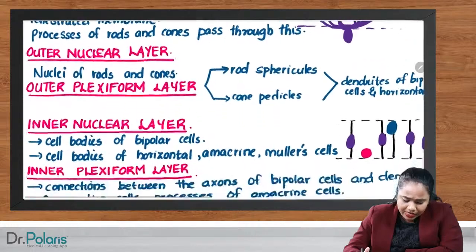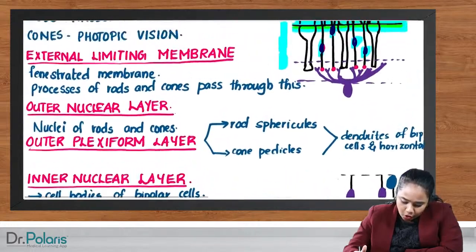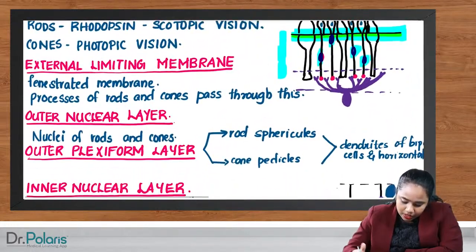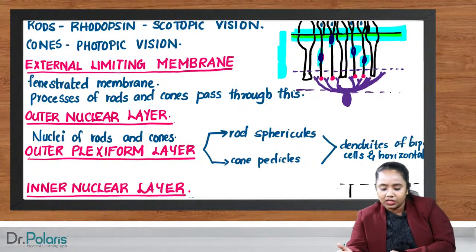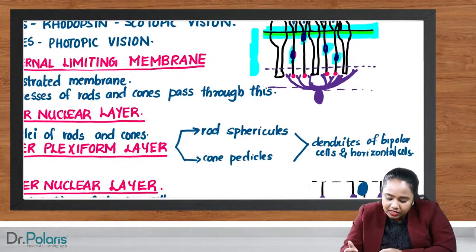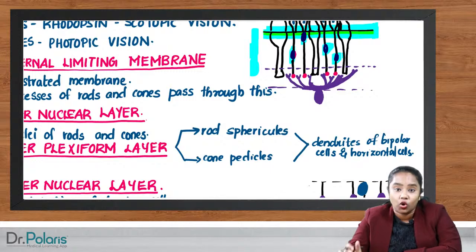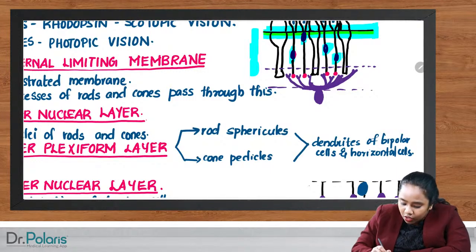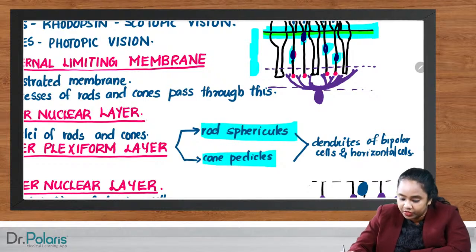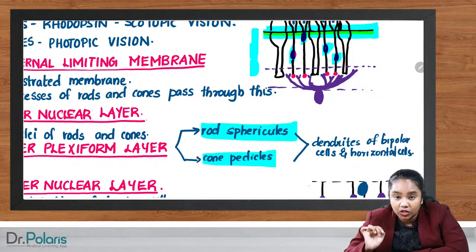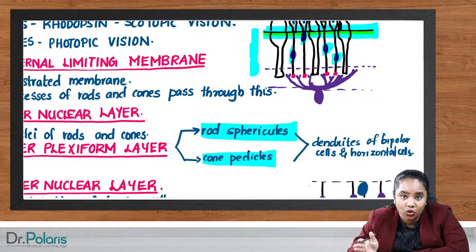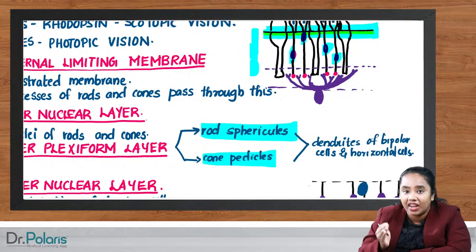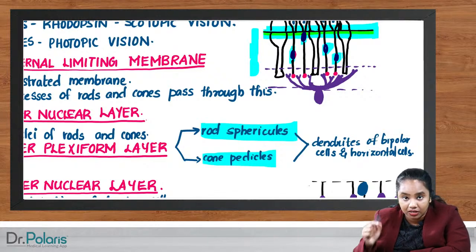The next one is the outer plexiform layer. Now what is this outer plexiform layer? It has the dendrites of bipolar cells and horizontal cells. Here you have the cone pedicles as well as the rod spherules. Rods have spherules, spherical shaped structures, and cones have long pedicles.